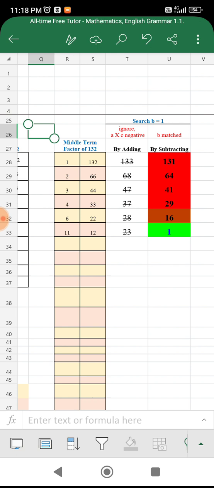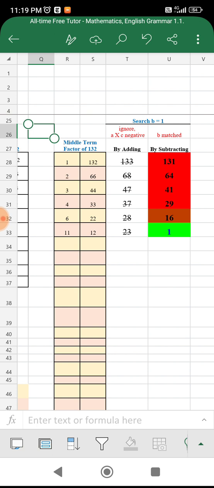It is showing within a second, but in the exam hall, if I myself want to calculate this factor, it may take 5 to 10 minutes, maybe more than 5 minutes. But how can we make it much faster?